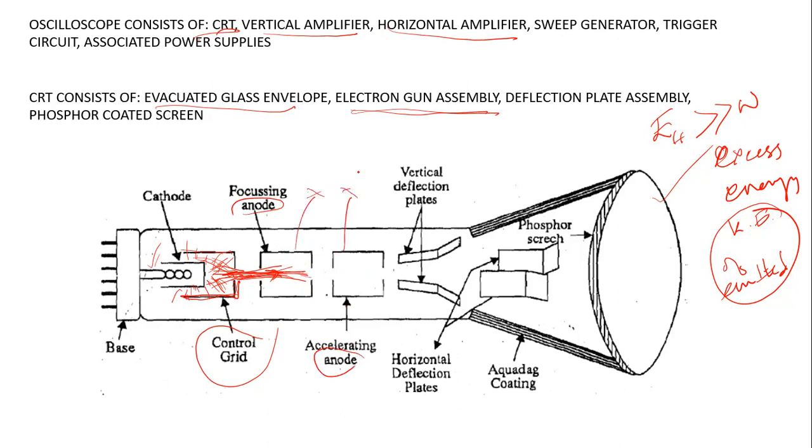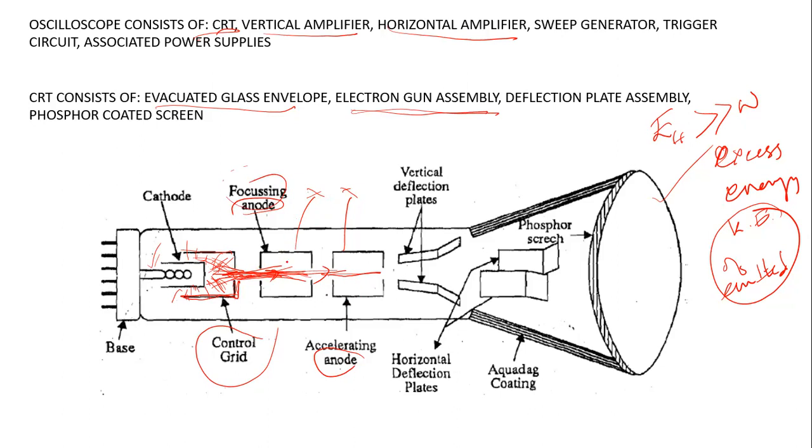Via this positive potential, or the accelerating voltage applied here, these electrons will be accelerated across this evacuated glass envelope and pass through this cylindrical tube. They will experience an attractive force on the electrons ejected from the control grid, and be accelerated under the action of the positive potential applied to the accelerating anode and the focusing anode, which is also connected to positive potential.